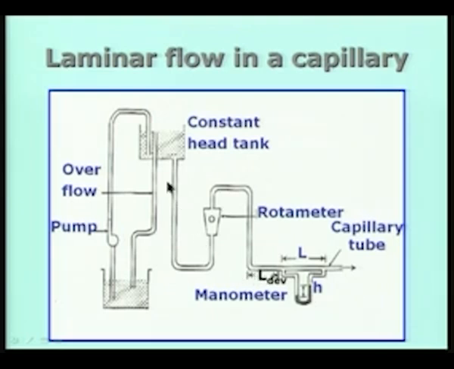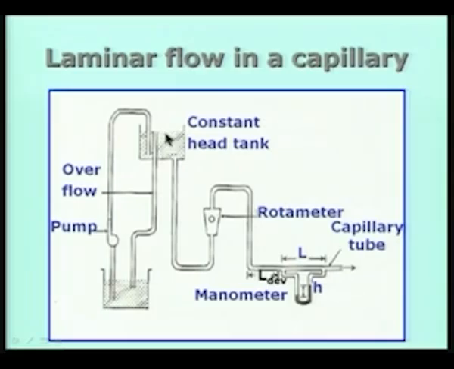Therefore one way of doing it is to have an overhead tank at a suitable height, which can be changed by shifting it up or down as is required, and you supply through a pump water or whatever liquid we want to measure the viscosity of, that is circulated through this, and the excess fluid drains back to the sump through an overflow arrangement. That means I can maintain this level constant.